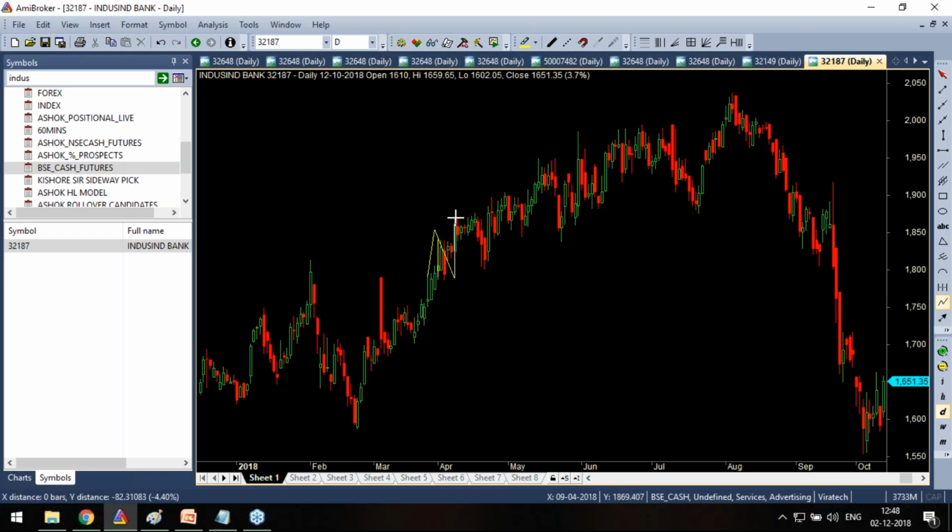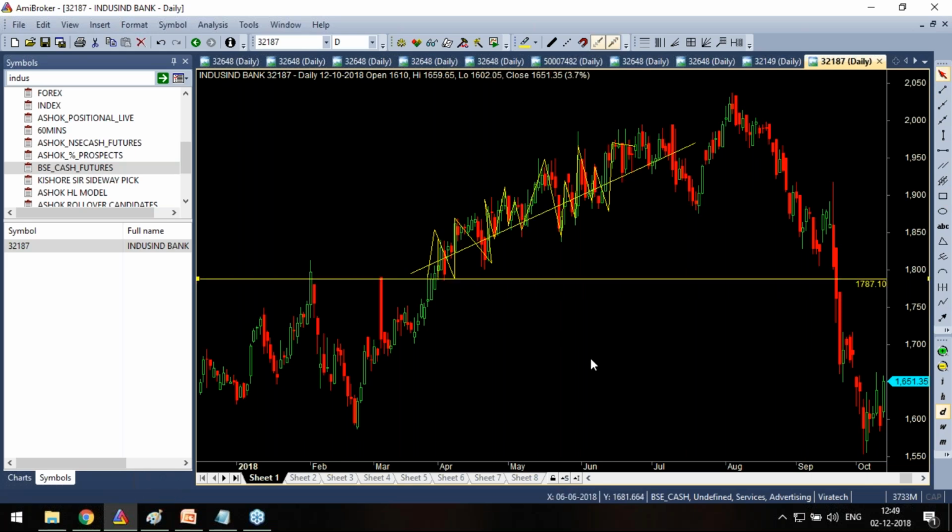Down, up, down, up, down, up, down, up, down, up, down, up. Can you see? These are all compression, pure compression. This whole thing is compression. This whole thing is a classic compression. And this is the point, the origin of compression.